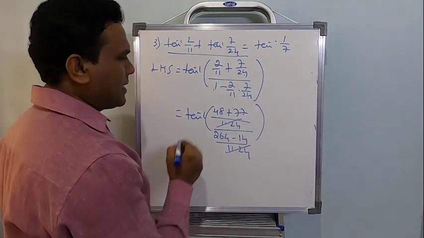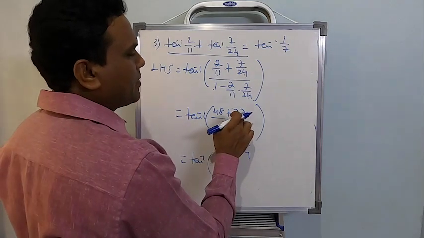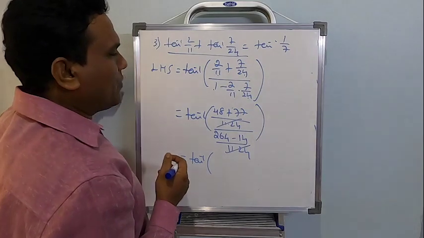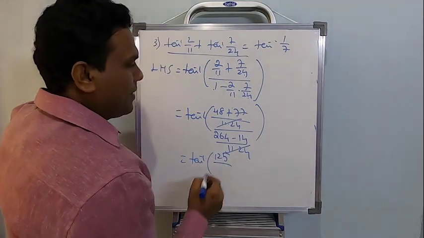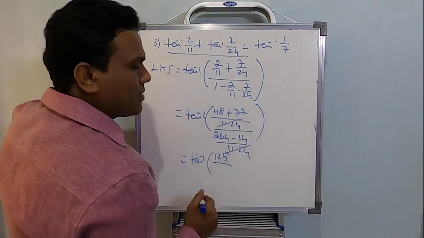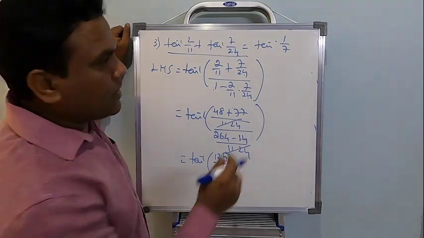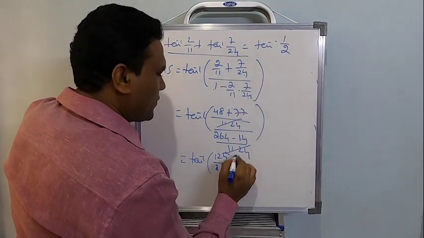Let's keep simplifying till I get my required answer. Tan inverse of 77 plus 48 gives 125 by 264 minus 14. What is the required right hand side? The required right hand side is 2, and this will be 250.